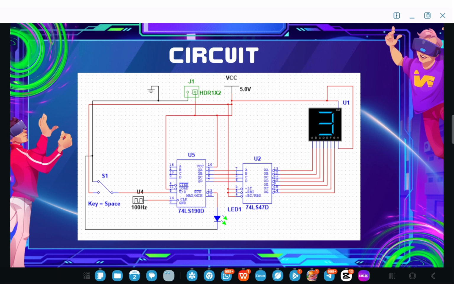But we limit it to 0000 to 1001, 0 to 9, for mode 10. JK flip-flops have J and K inputs to control whether to toggle or hold, a clock to trigger the change, a Q output for the current state, and a reset to clear the output to 0.